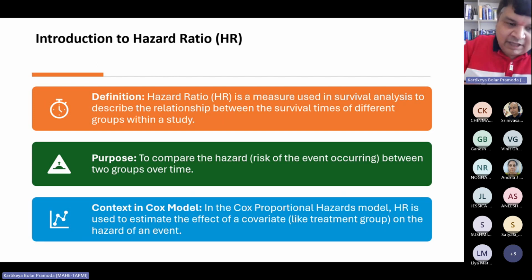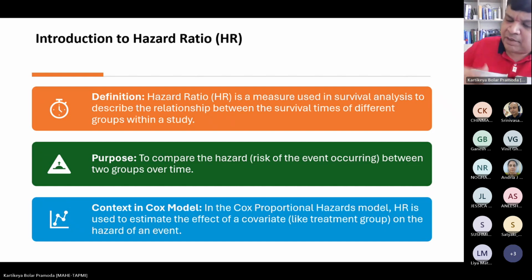In our particular model, we only have a treatment group as our covariate. Treatment group is a binary variable, as you can see even in the data set which I have shared with you. Somebody who is undergoing treatment has treatment group equal to 1, otherwise it is equal to 0.